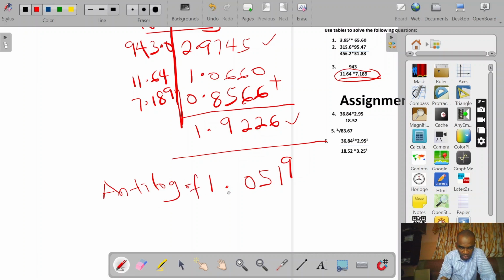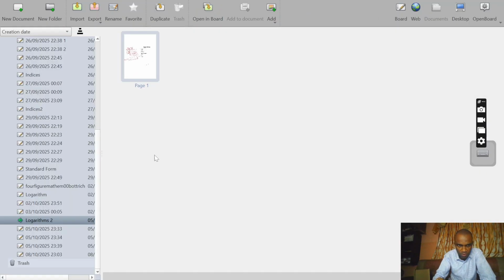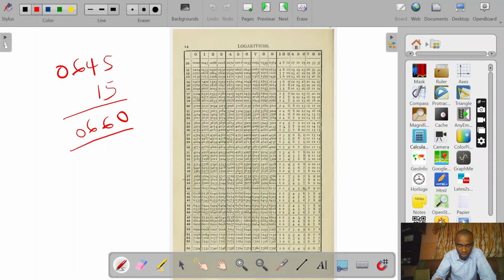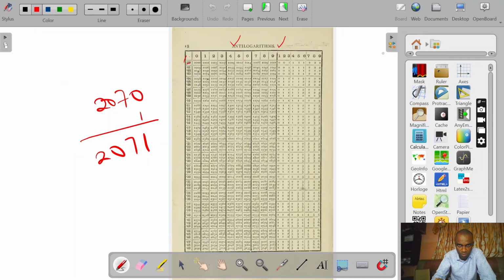So when looking for the antilog of this, I start from the decimal point. So 0.0519. I'll go to the four-figure table and look for 0.0519 till I get to antilog. So this is antilog. This is 0.05. Let me clean this. I don't need this number again. 0.0519 is what I'm looking for.